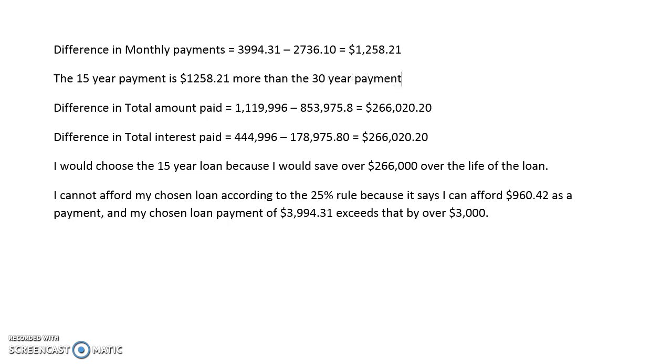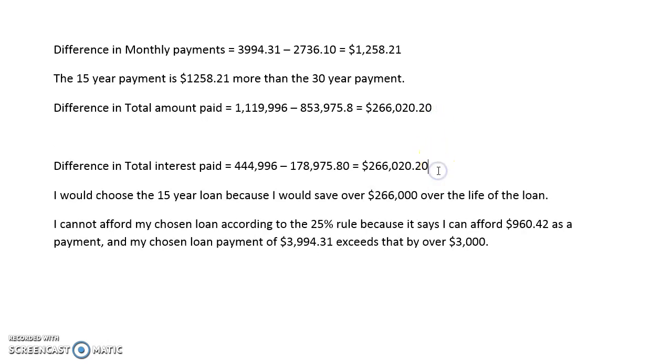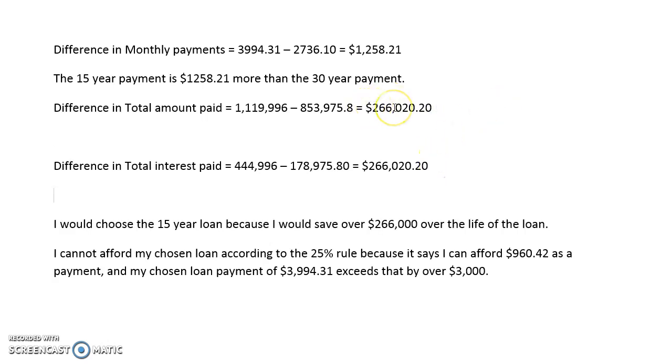That is what the comment looks like, and I should do the same thing for the differences in total amount paid and the differences in total interest paid. As you can see, I've shown the calculations, but I have not yet given the comments, which is what you will need to do. And since I got the same answer for the differences in total amount paid and total interest paid, I know I've performed my calculations correctly.